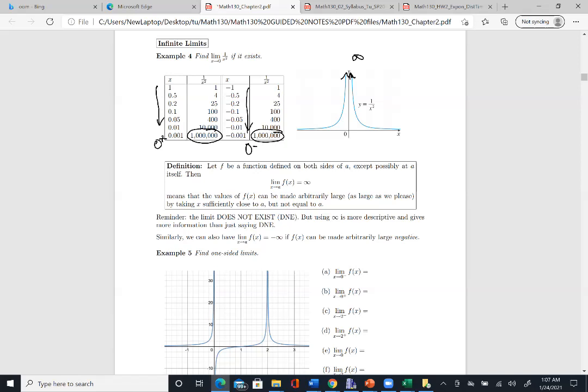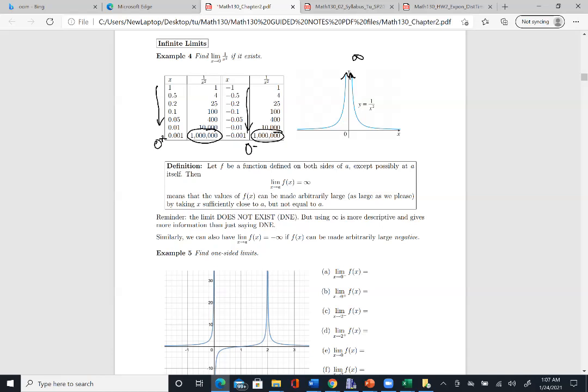So what's the definition? Let f be a function defined on both sides of a, except possibly at a itself.